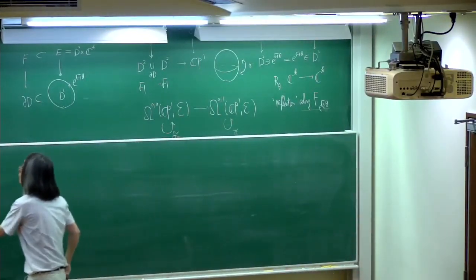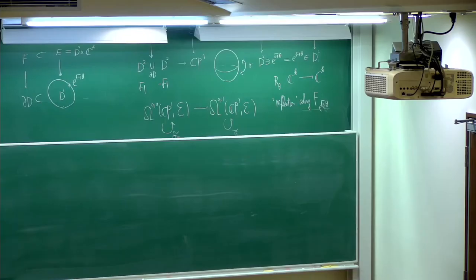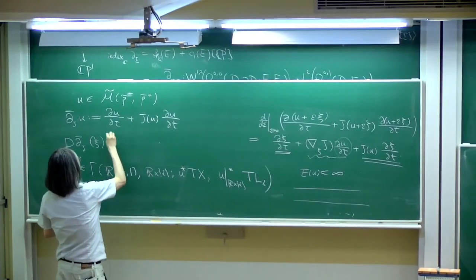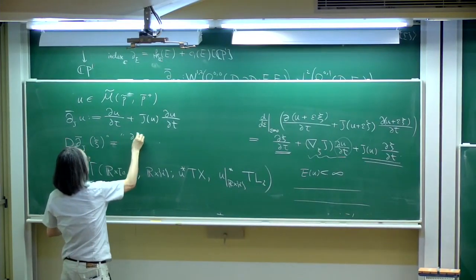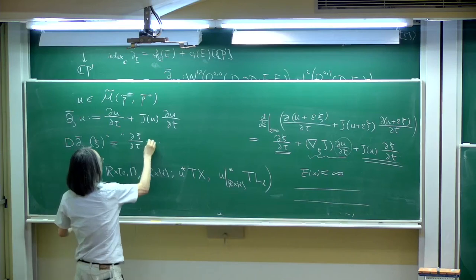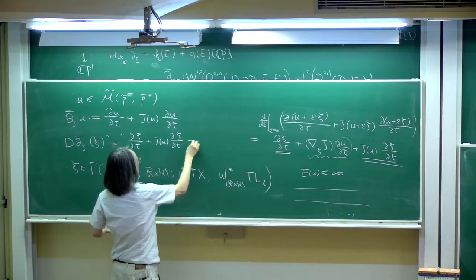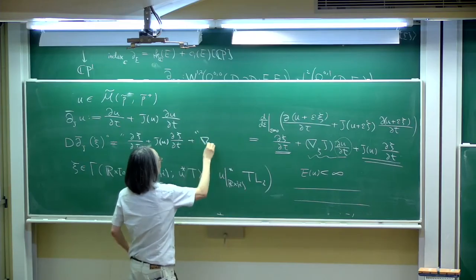Therefore, I just roughly consider the equation like this. So this one is equal to d xi d tau plus J of u of d xi dt plus something else.